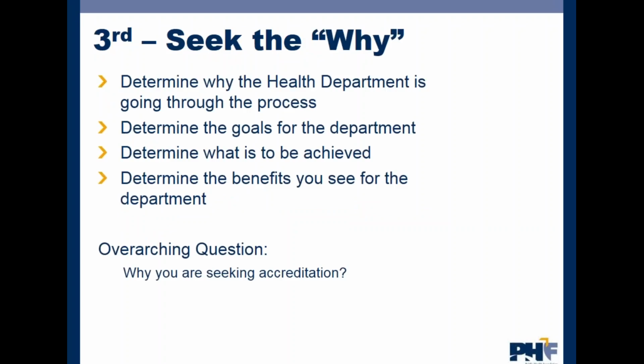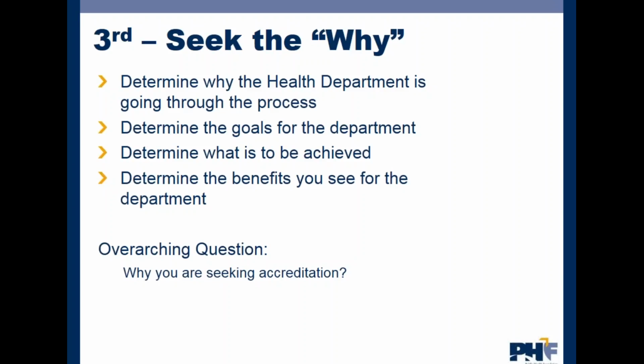Then determining why you're doing this. You may be doing it, or the department may be doing it primarily because someone said we're going to do it. And we want to stay away from this check the box and keep away from anything that's not a performance-minded culture being developed. And you can't just go through the motions and get that right. I mean, you can go through the motions perhaps and become accredited, but what does that get you?